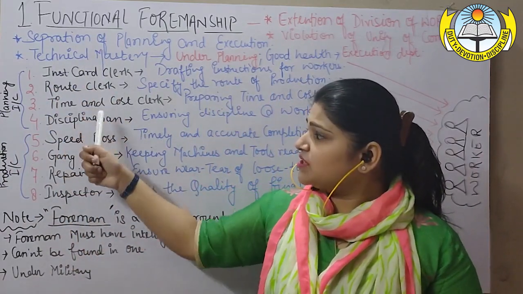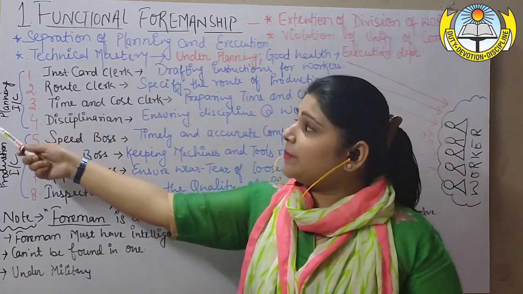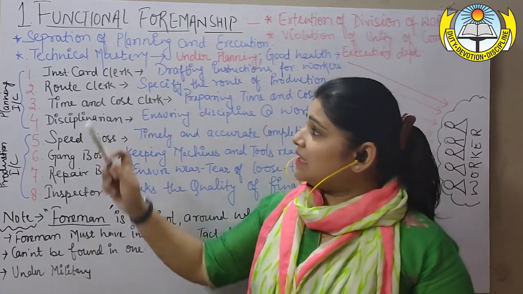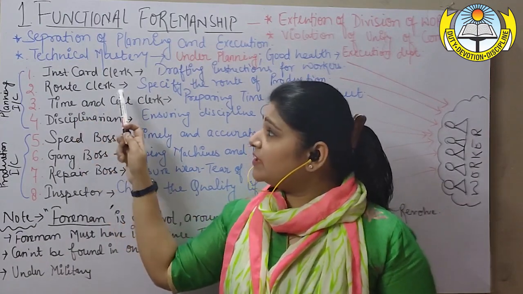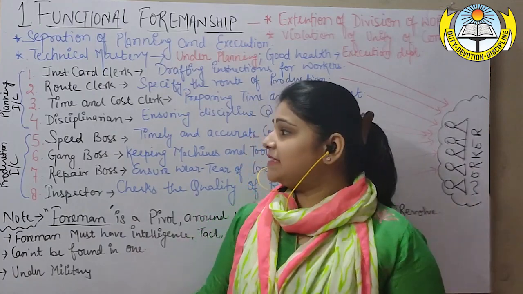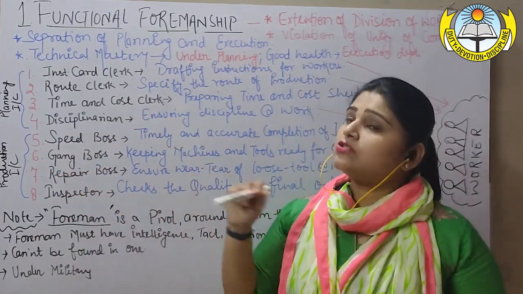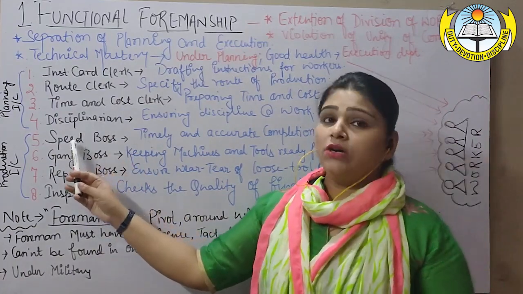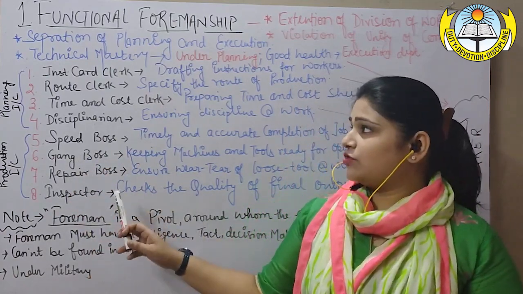Remember, these positions are the names given to the different foremen. So under the planning department, he has suggested four major foremen named instruction card clerk, route clerk, time and cost clerk, and disciplinarian. Similarly, he said that the next department, the production or execution department, will also comprise four major foremen, that is speed boss, gang boss, repair boss, and inspector.